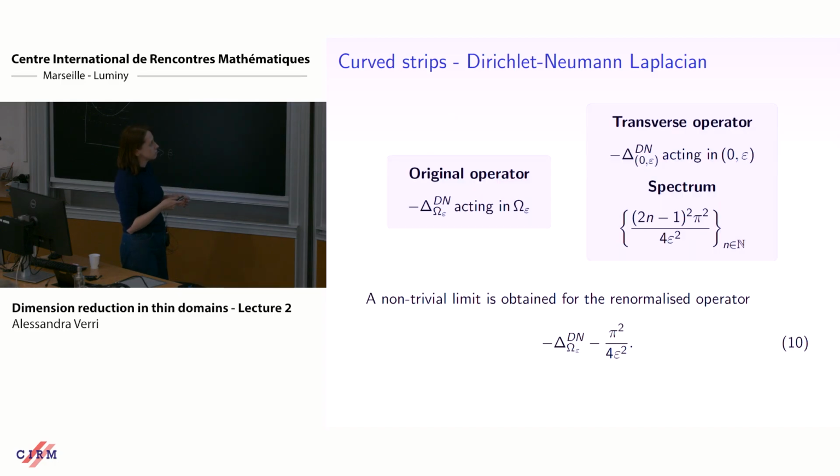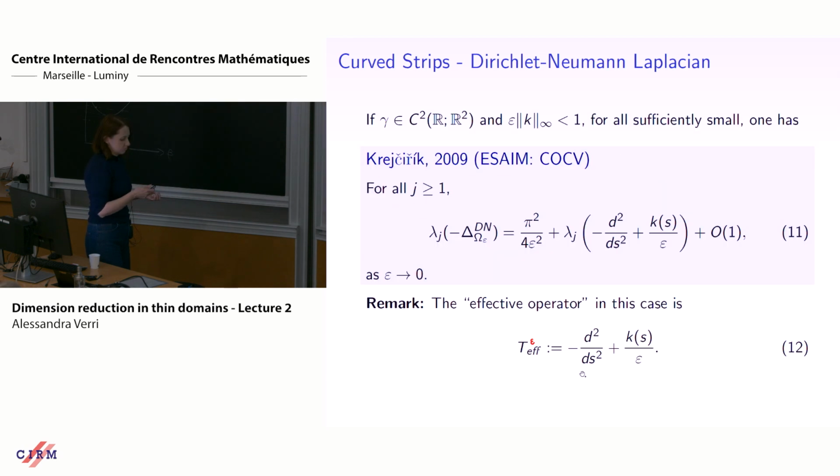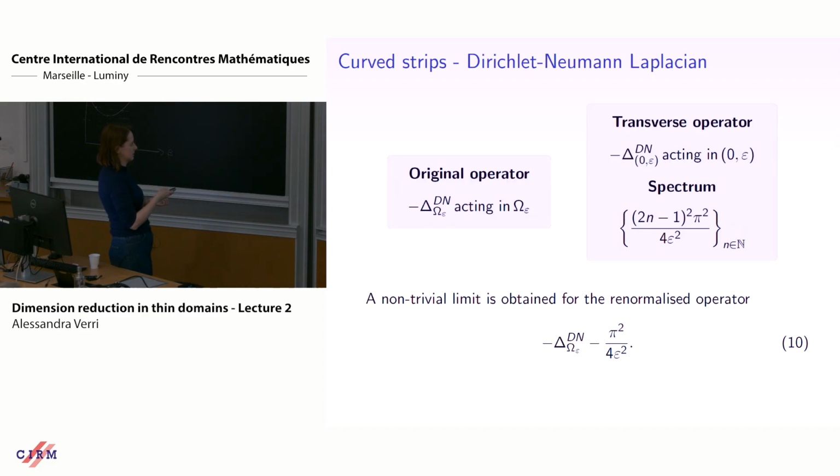So now, here we have the same problem. When epsilon goes to 0, we need to renormalize the operator to obtain a significant limit. So here we subtract the first eigenvalue of the problem in the transverse direction.